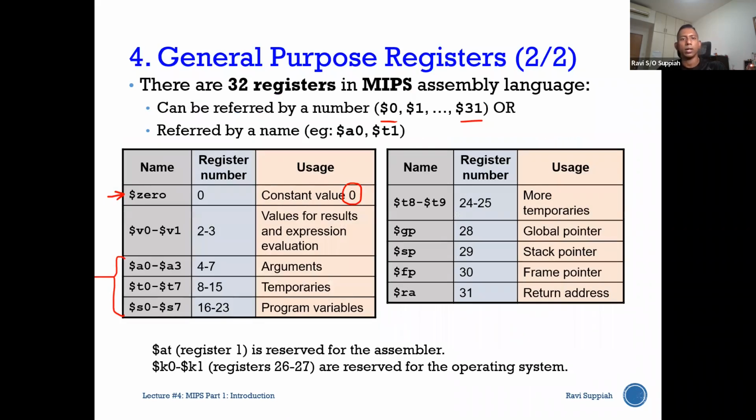Okay, so the MIPS processor, like I said, has 32 registers, and each register is 32 bits. So you have a total of 32 registers, numbered from 0 to 31, and each register itself has 32 bits.